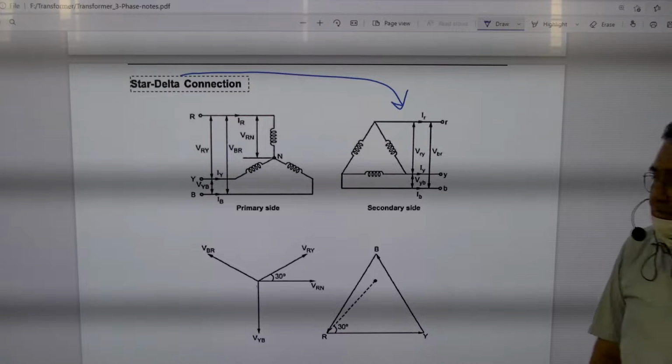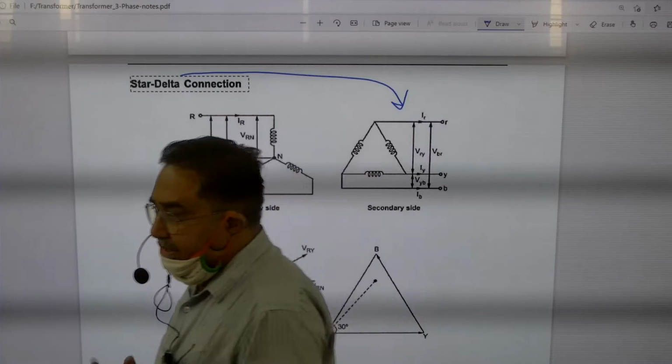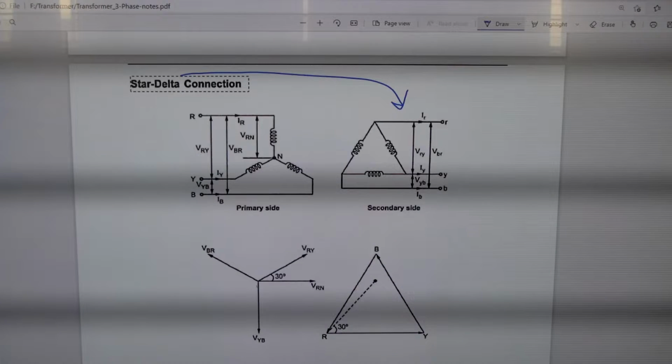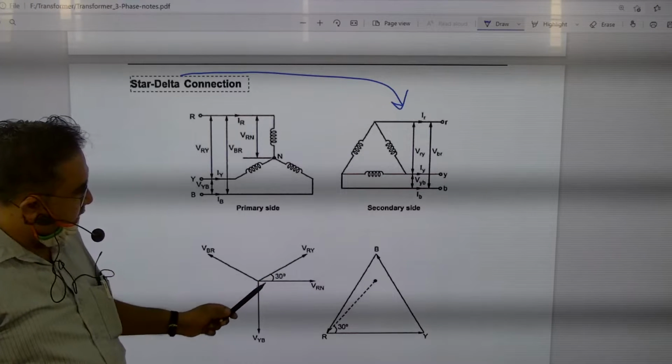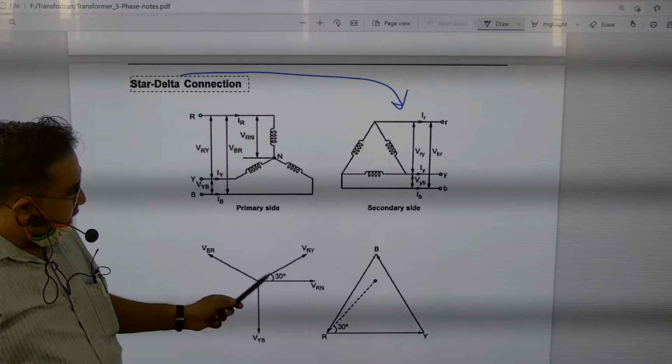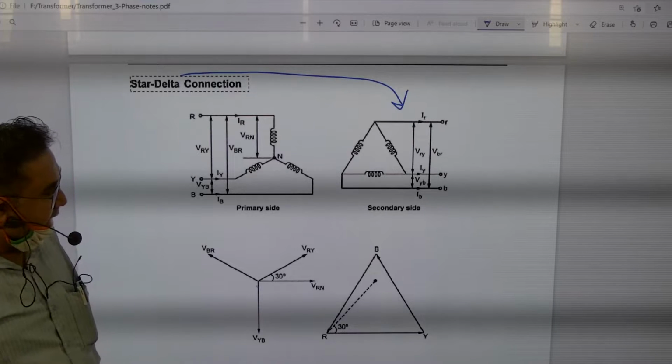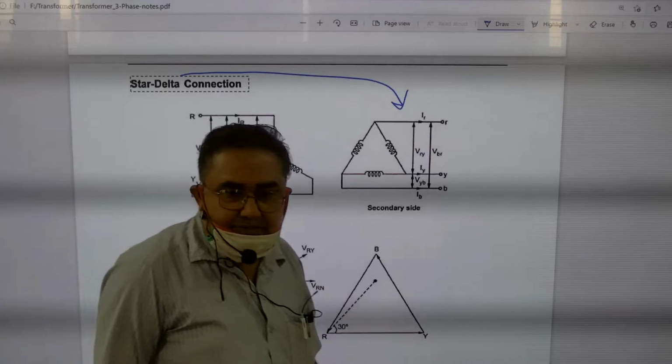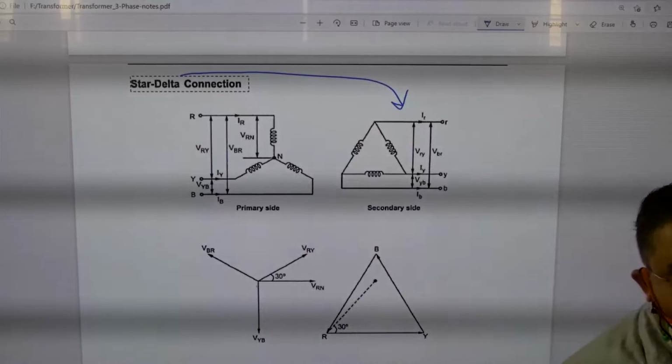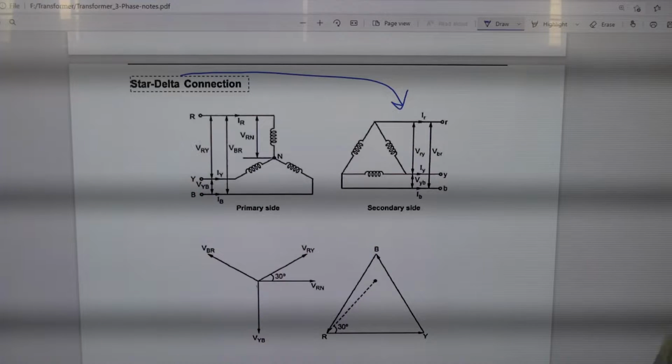So again, from the name itself you can infer what you will find. First of all, there will be a phase difference between the line voltages of primary and secondary.